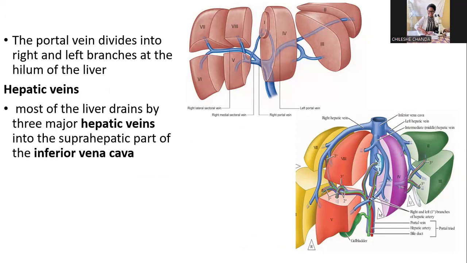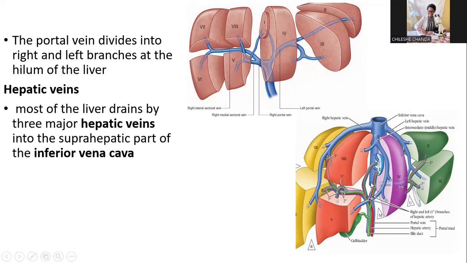These two veins will then divide into several veins and venules. Most of the liver drains by three major hepatic veins, as we can see from this diagram here. Remember, we are talking about the hepatic portal vein here, which divides into left and right.